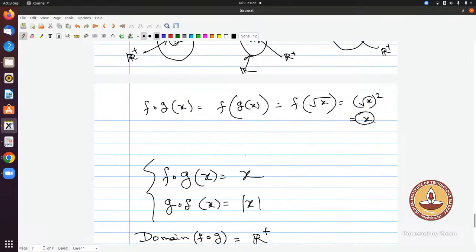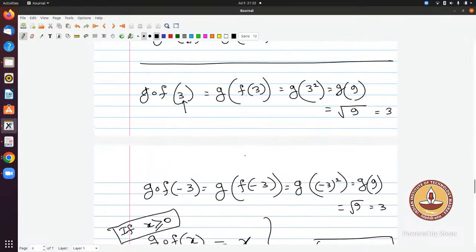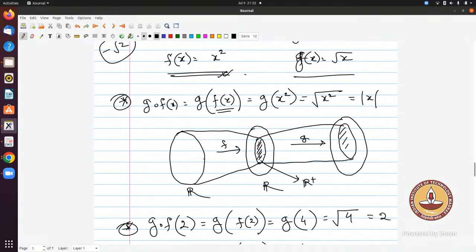What is G compose F? F is defined on R. From R I am taking input. And once that is defined, then F of x is defined, and G is defined on F of x for all x because it is anyway positive. Correct?